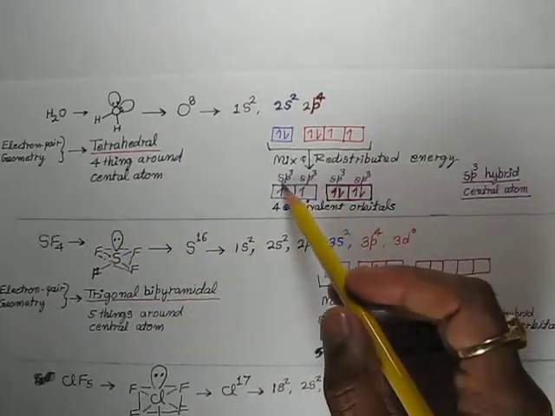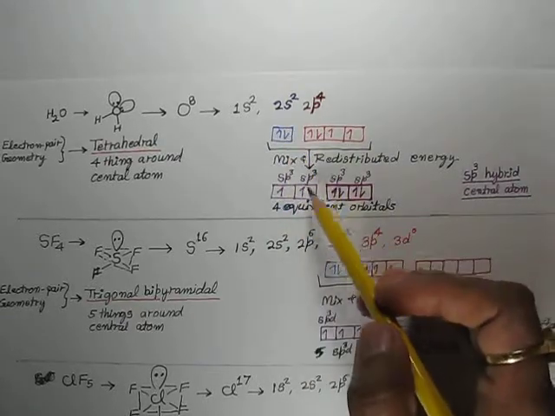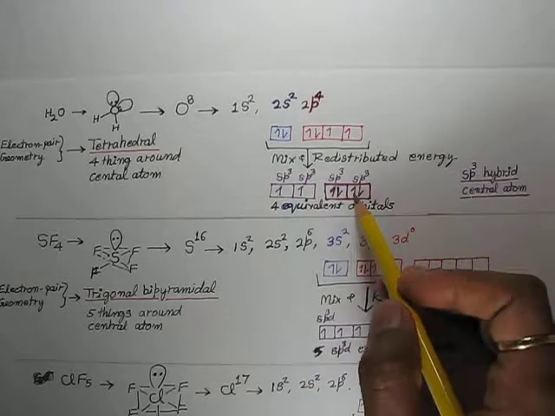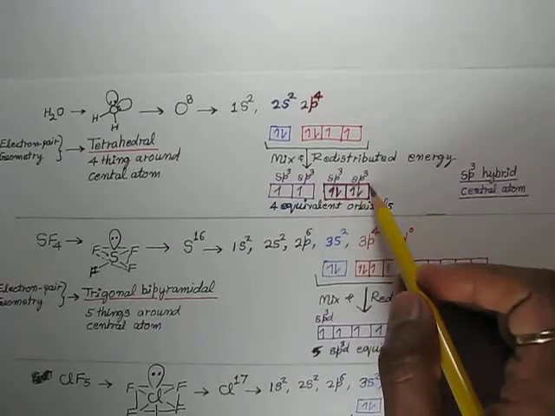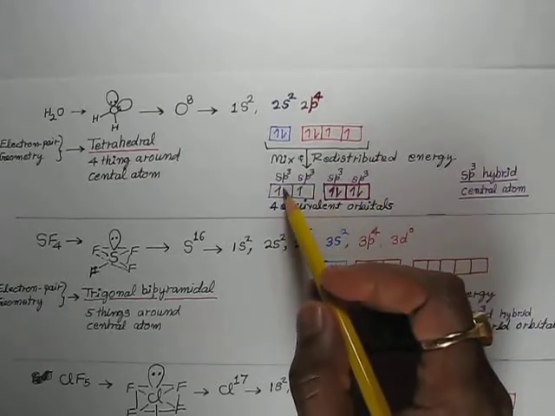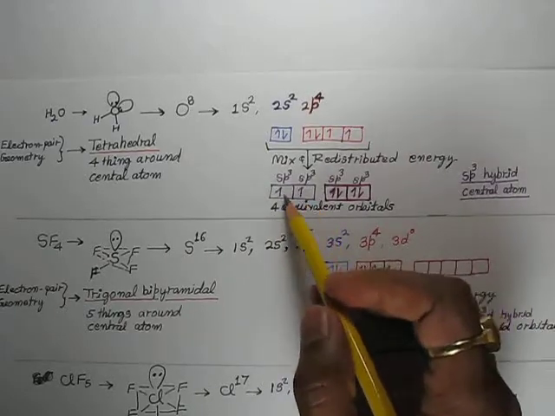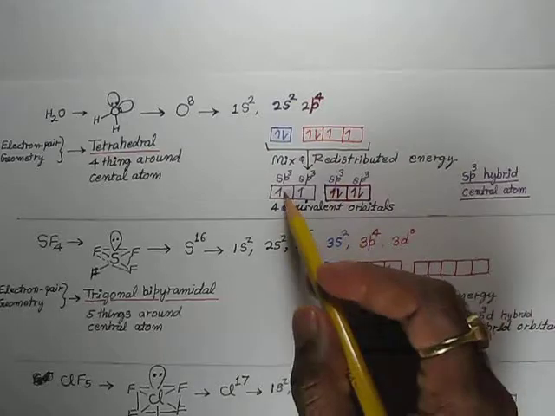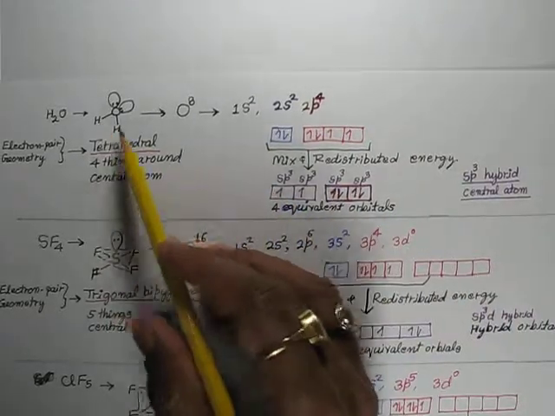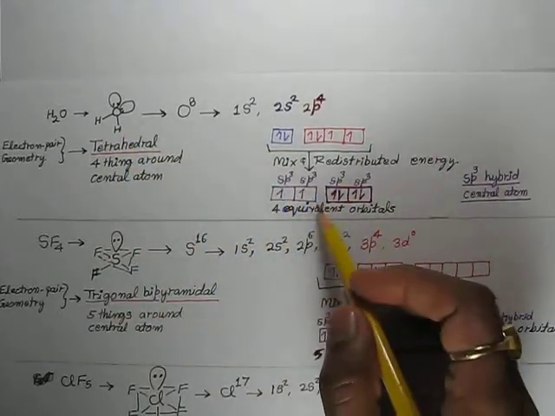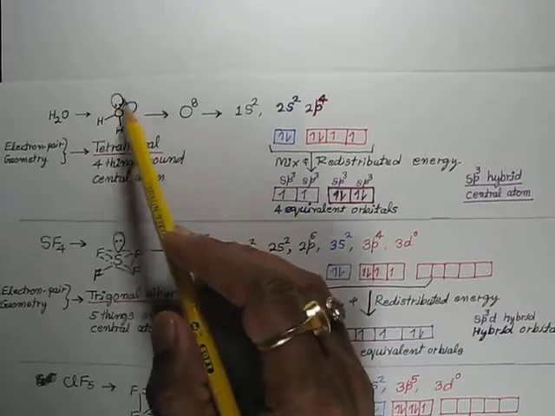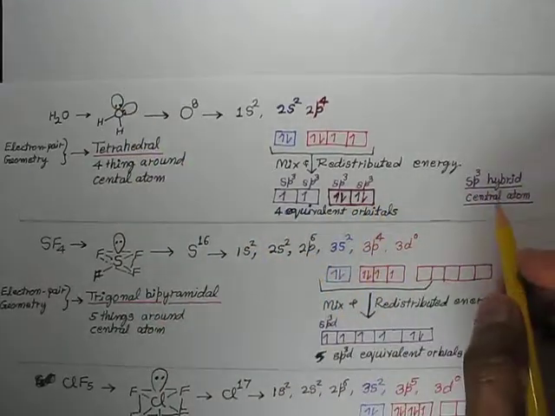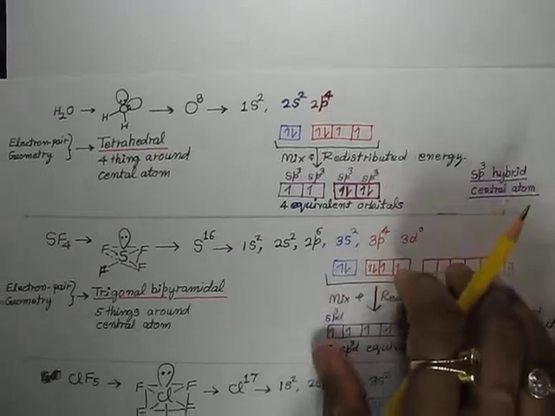So they mix 1s and 3p orbitals to make 4 sp3 hybrid orbitals, where two orbitals have only a single electron, so that they can accommodate one more electron from the hydrogen, and the remaining electron pairs are in sp3. So this is an sp3 type central atom.